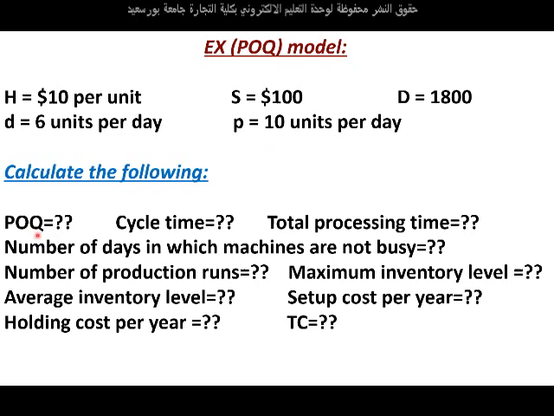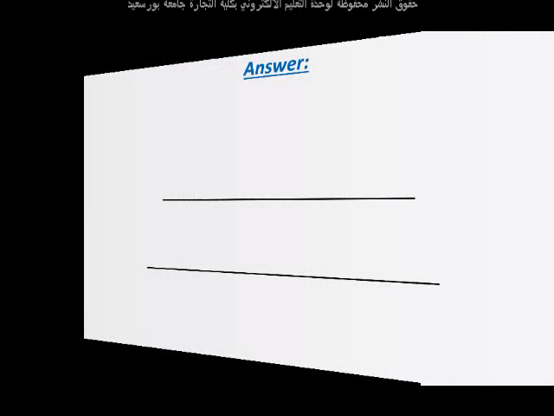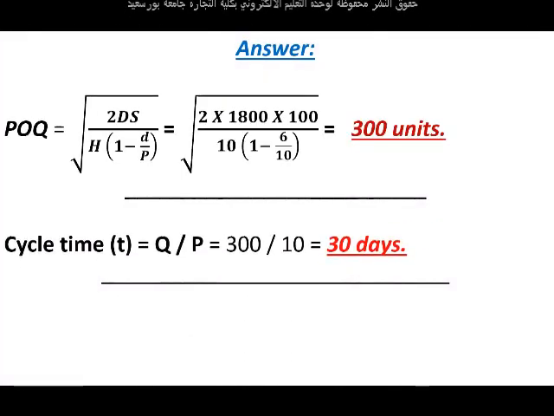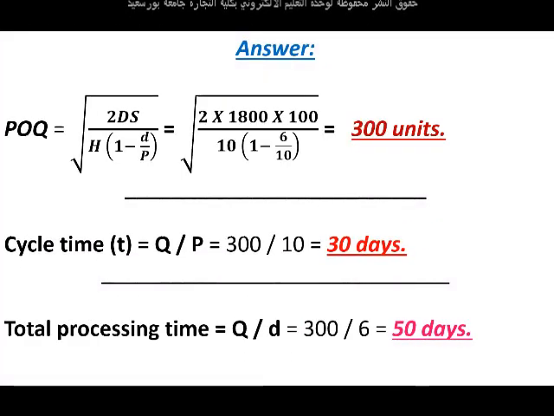Calculate the following: POQ, cycle time, total processing time, number of days in which machines are not busy, number of production runs, maximum inventory level, average inventory level, setup cost per year, holding cost per year, and the total cost. Here just apply all these equations, which I said to you. Move to next.